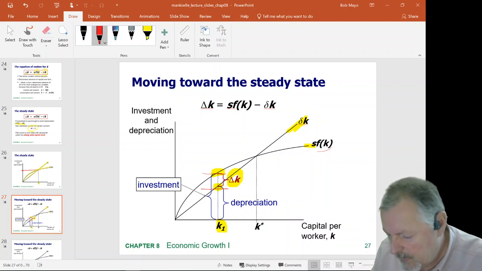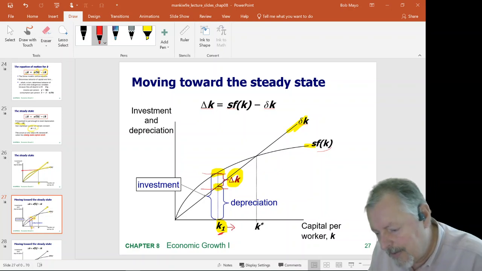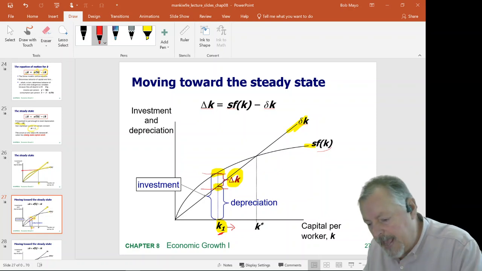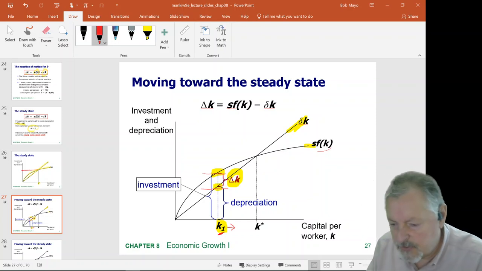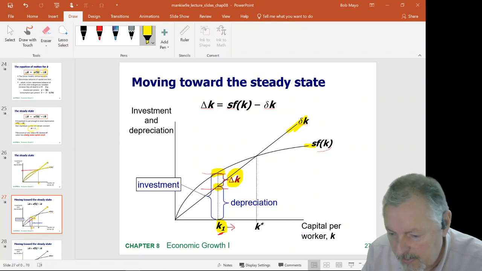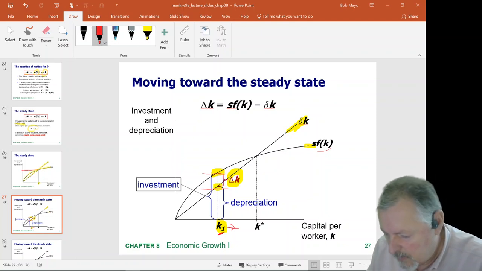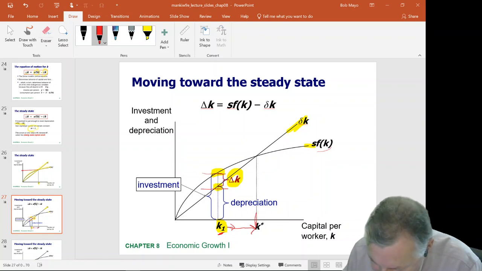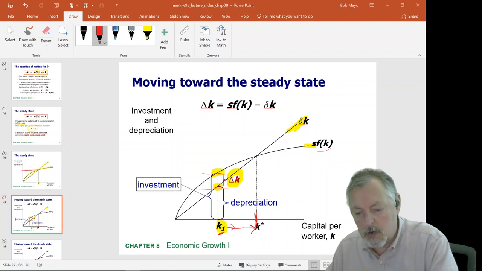So here, in the next time period, you're not going to be at K1. You're going to have a little more capital than that. And you're going to add some more the next period and the next period. You're going to end up adding capital every time period until you reach this level of capital per worker.